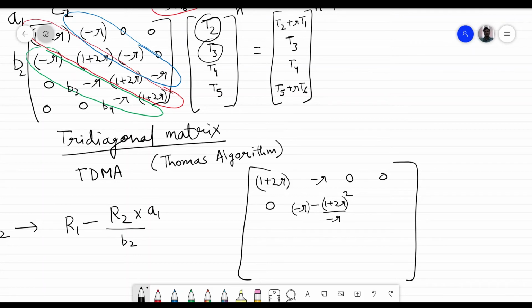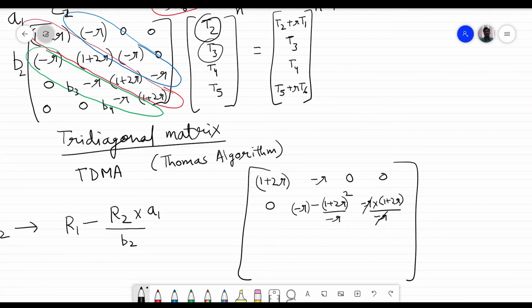Then the third element is again row 1, which is 0, as you can see, minus row 2 element, which is minus r, times a1, which is 1 plus 2r, divided by b2, which is minus r.